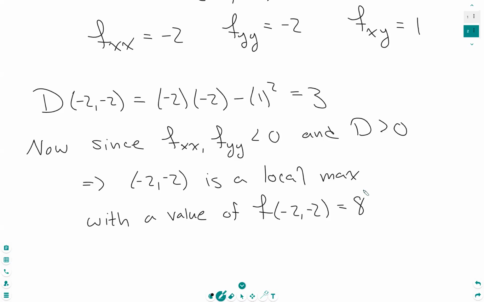Can we find any local min or maxes on this surface? But now we're going to be restricting ourselves to finite domains, and we'll have to talk about what it means along the boundaries, because we can have local mins and maxes in the interior as well as on the boundary itself that we have to consider.